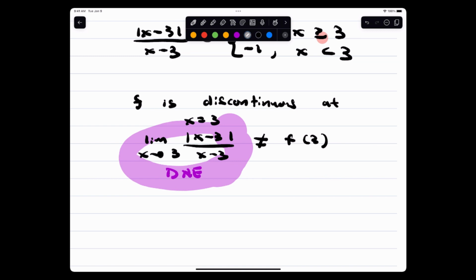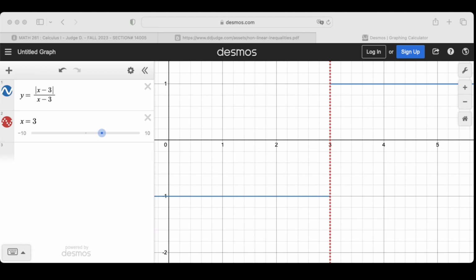And the right side is 1. They're different answers, and that should make sense, because you have that thing called a jump discontinuity at x equals 3. What does that mean? If you try to draw that curve at 3, you have to pick up your pencil at 3, and then you continue drawing. So you can't sketch that.